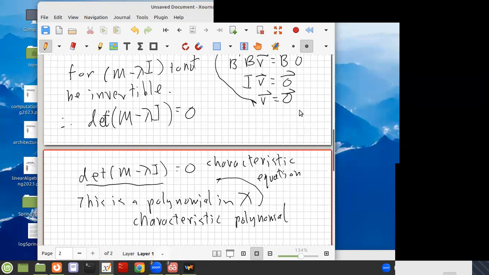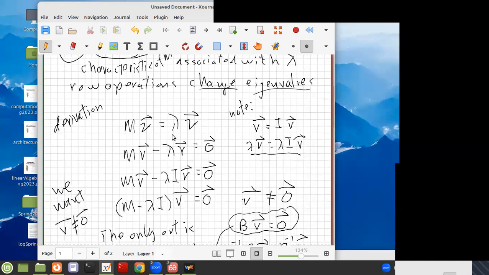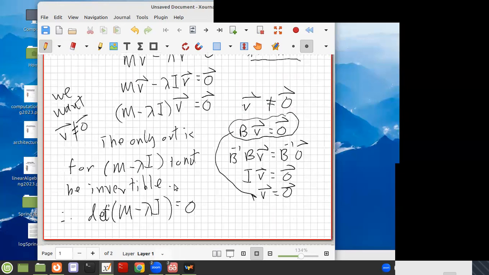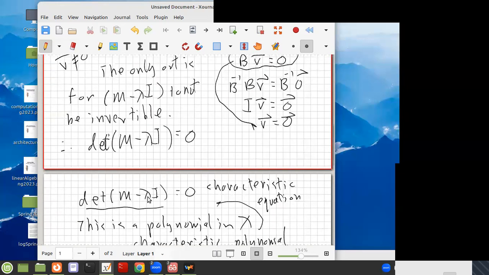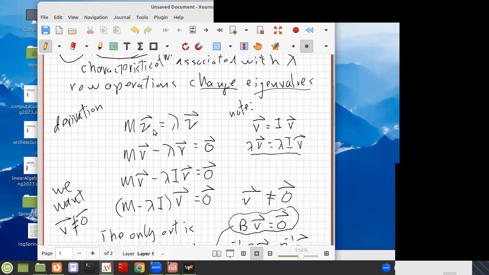The point is this: if we find a lambda for which this is true, then for every solution here, we're going to be able to solve the system for the eigenvector v, and we'll have an eigenvalue and an eigenvector.